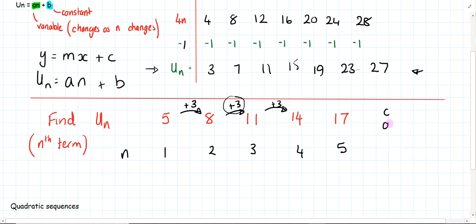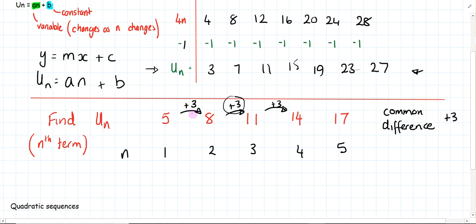I give you a C and a D. Speak loud, proud. C stands for common, D stands for difference. So the common difference is plus 3.